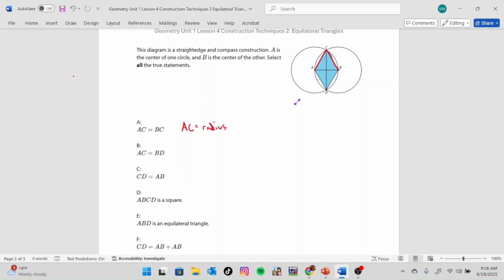That makes it a radius. Because they are both radii, then they do equal each other, and A is correct.